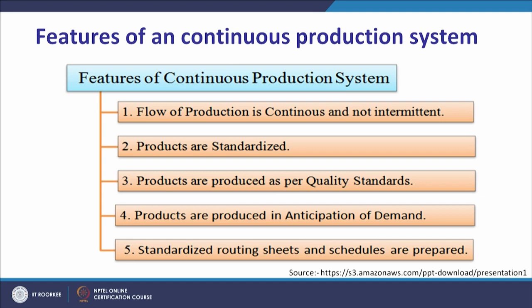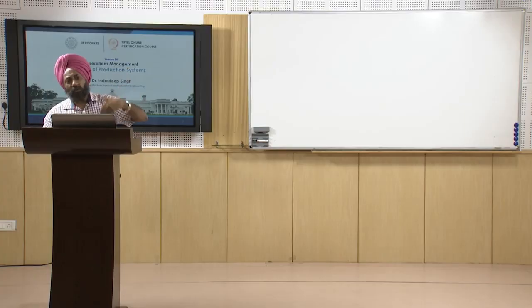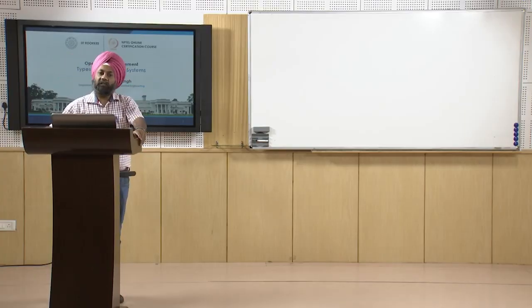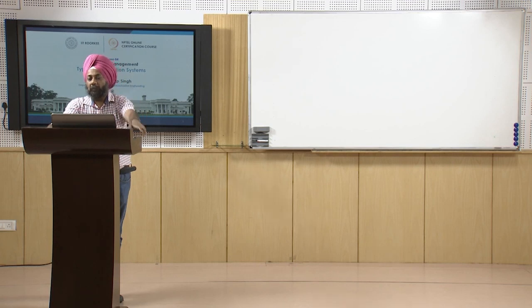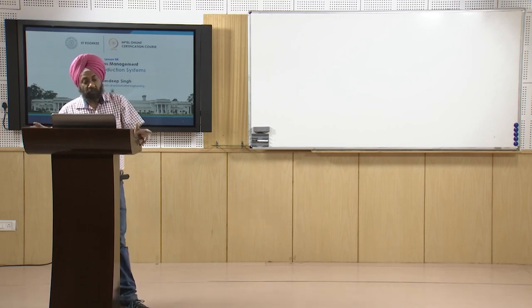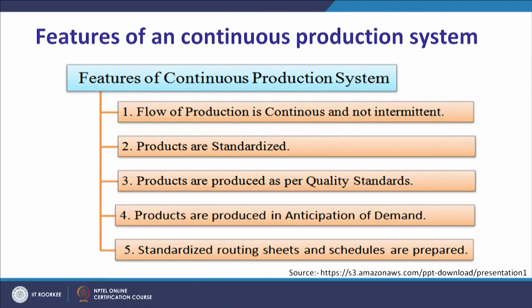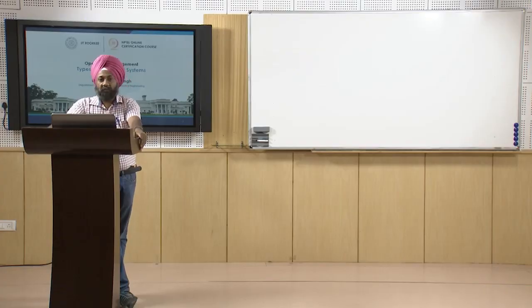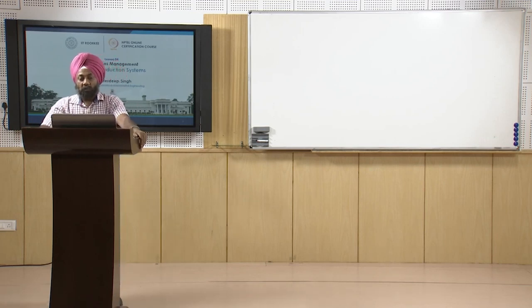Once the design is fixed, you will continuously keep on producing that design or that particular variant of a particular model of car. Products are produced as per quality standards. Products are produced in anticipation of demand. So we have a forecast of the demand, so that accordingly we will schedule our production.